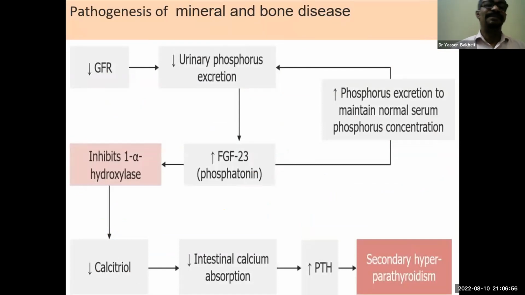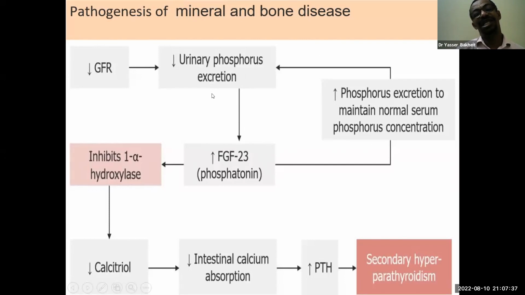The other pathophysiology in chronic kidney disease is mineral bone disease. When the kidney fails or declines, the GFR is reduced. When the GFR is reduced, urine phosphate excretion is reduced, and this stimulates fibroblast growth factor 23, which increases phosphorus excretion.